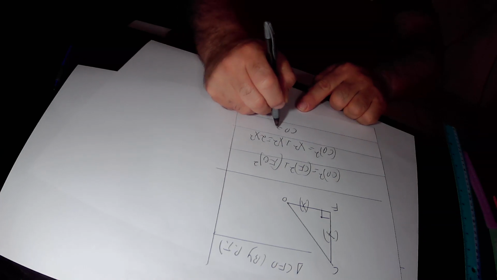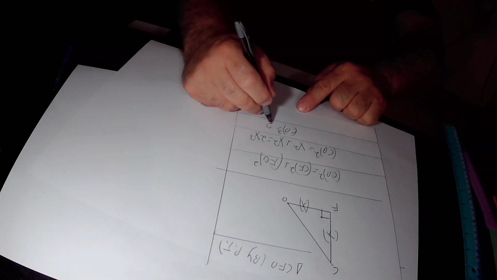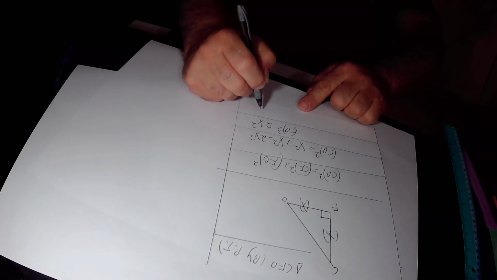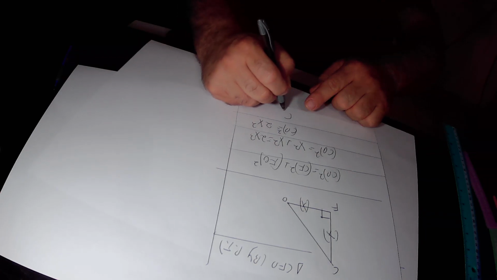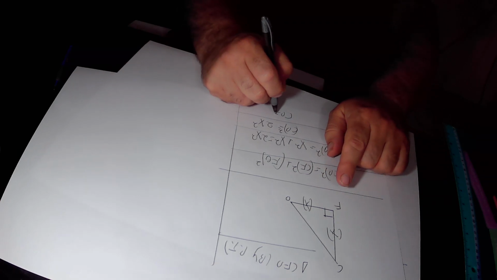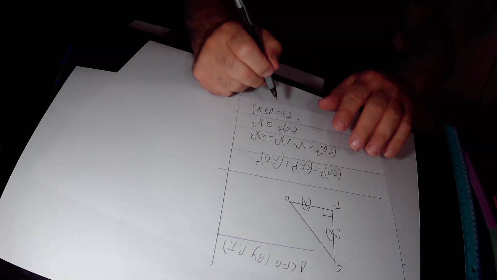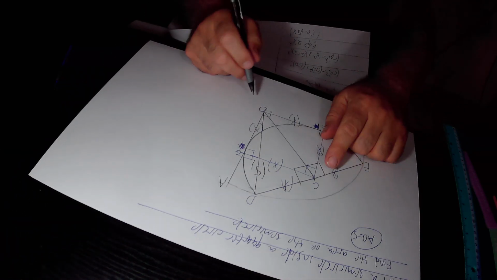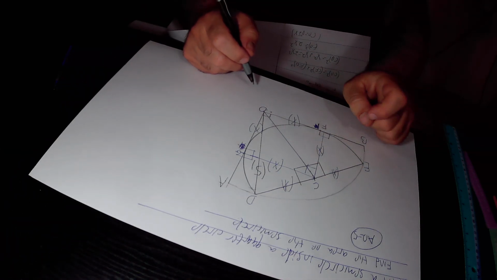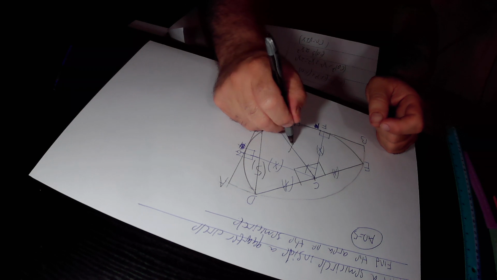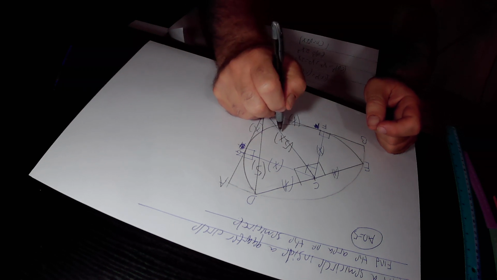CO square equals 2x square. Here we take a root of this equation and finally get that the missing hypotenuse CO equals the square root of 2 times x units in its length.